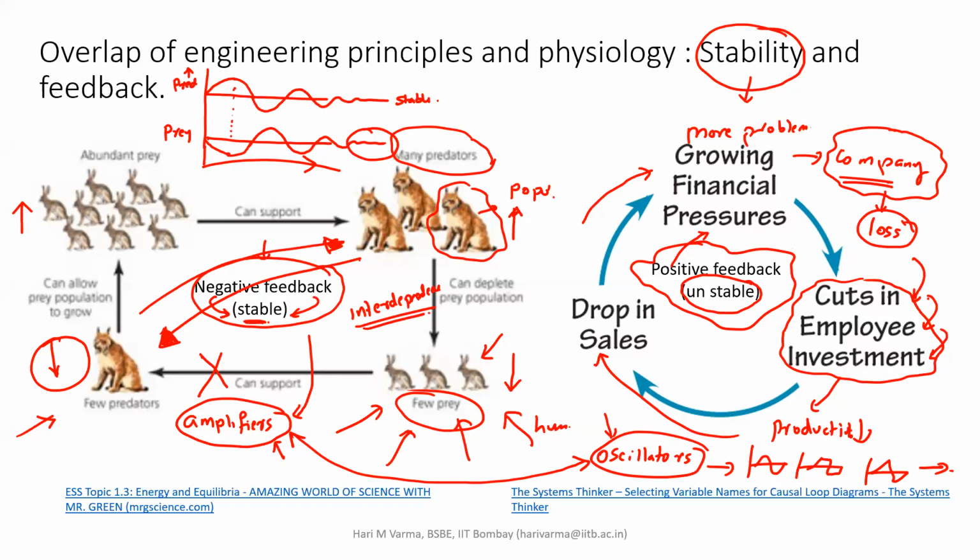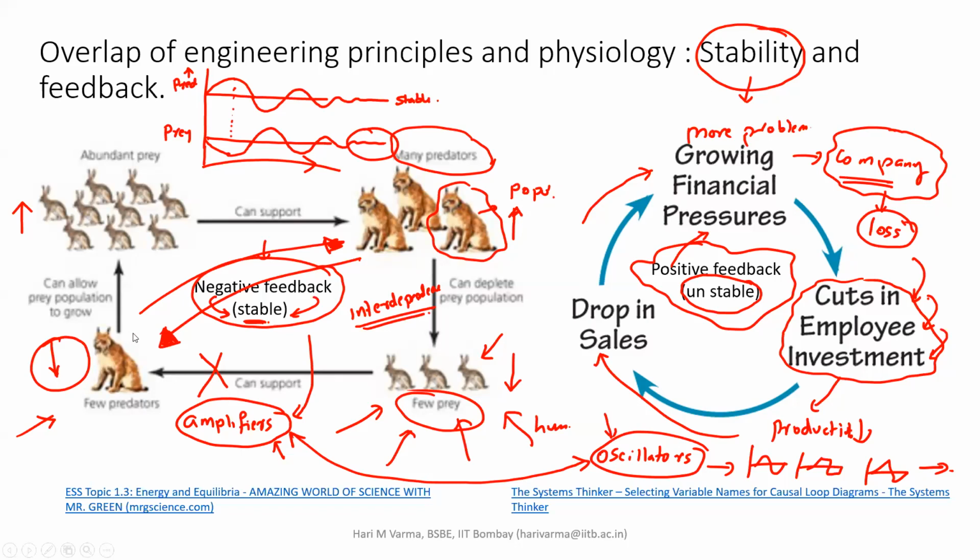Sir, why is it called positive feedback? Positive in the sense that, see here, for example, maybe you won't get a picture. Suppose the population of the predator is increasing, right? Then the prey population will decrease. Suppose this feedback is in such a way that when the prey population decreases, the predator population is also increasing.